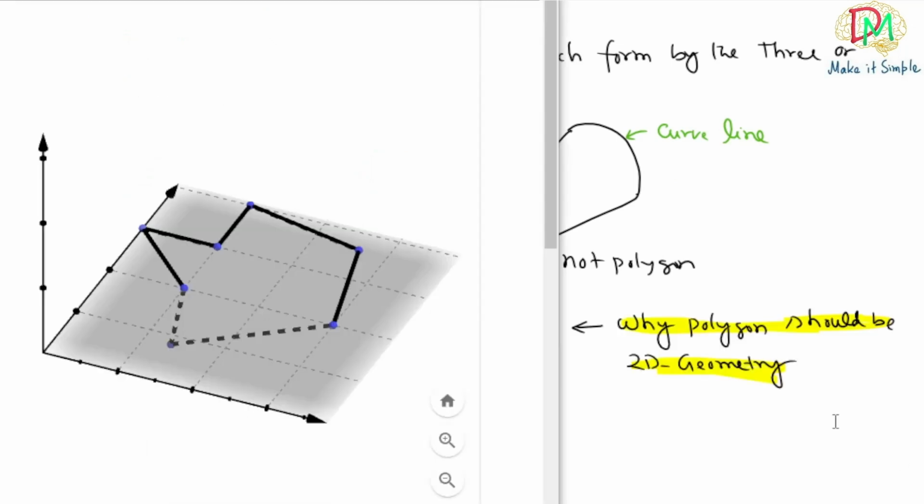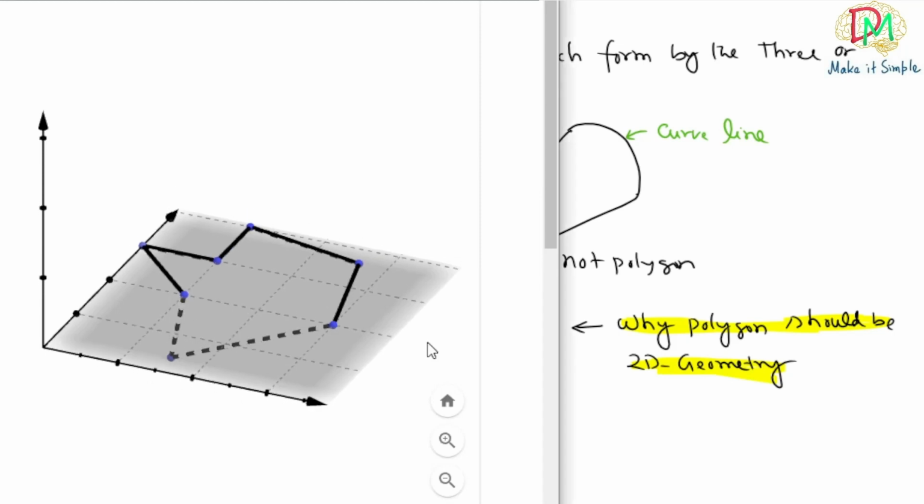Now we learn why the polygon should be 2D geometry. If we draw in 3D space like this figure, then the dotted line indicates this portion of the line is under the XY plane. This is the XY plane.